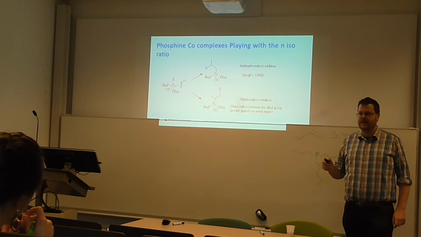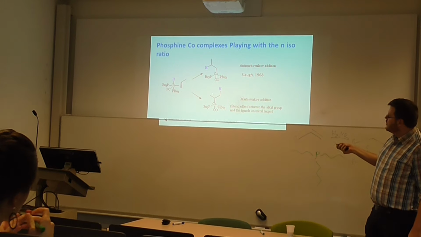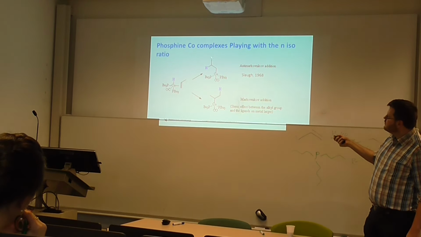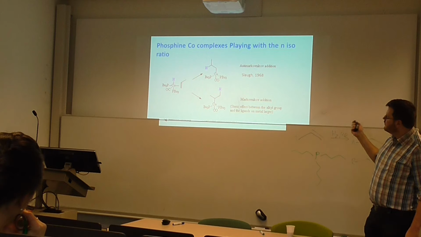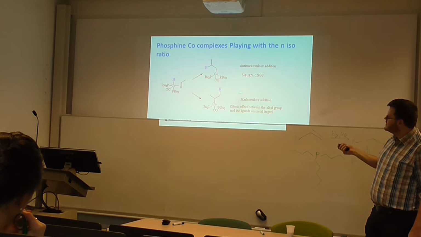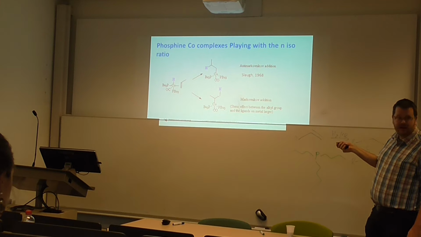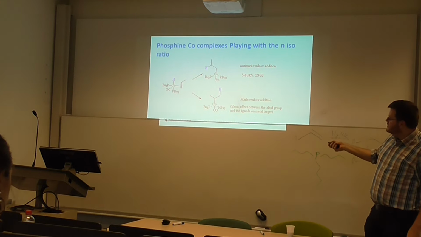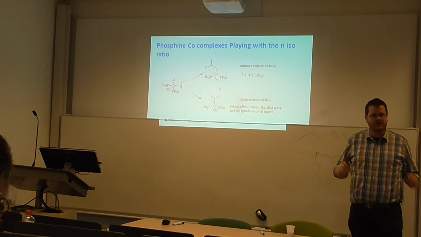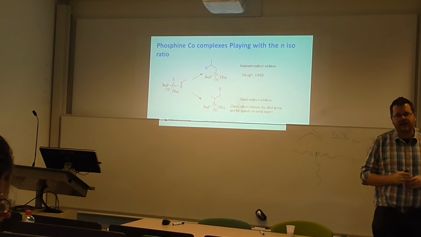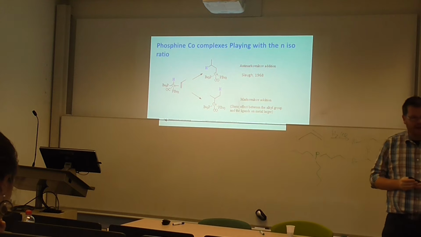Do you see that? In the bottom structure, this CH3 is pointing away, so it's not really of any consequence. But here, in the bottom structure, you've got CH3s on both sides of this axis here, and so both of these are going to interact with the tributyl phosphine. There's going to be some steric interaction there.